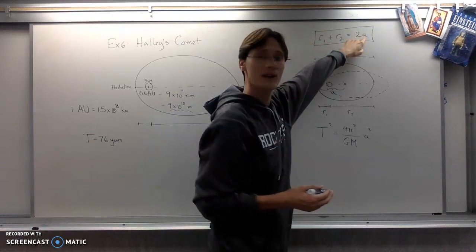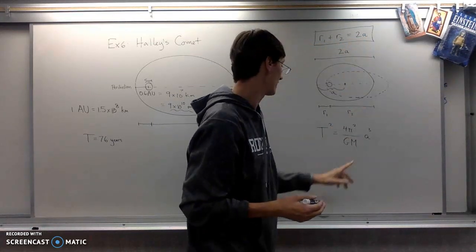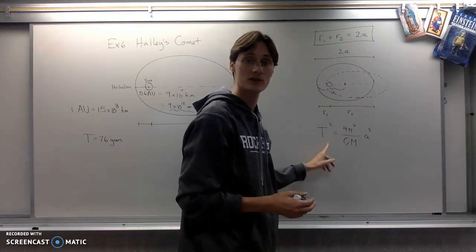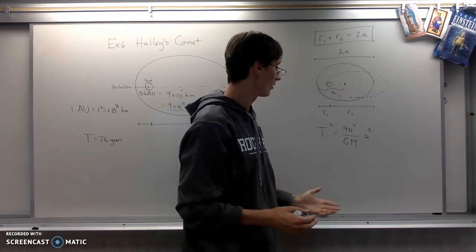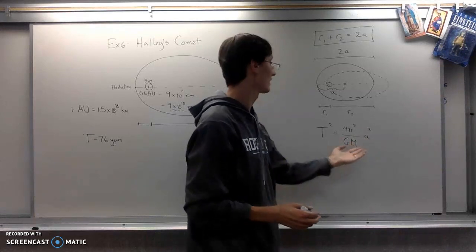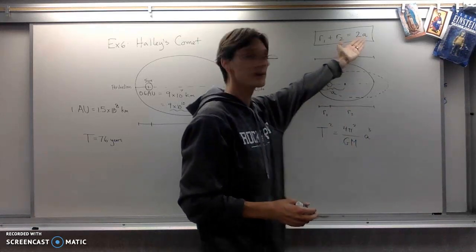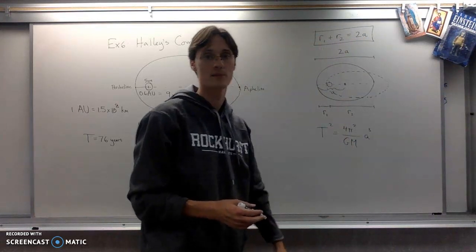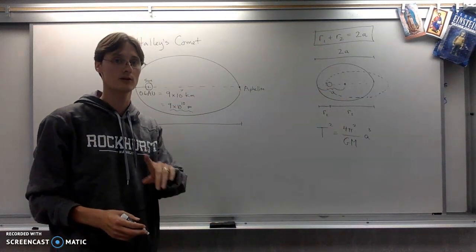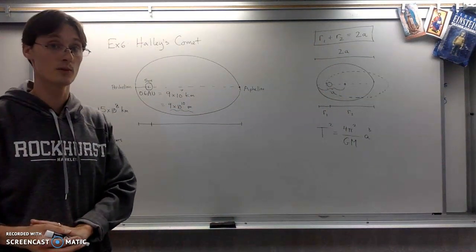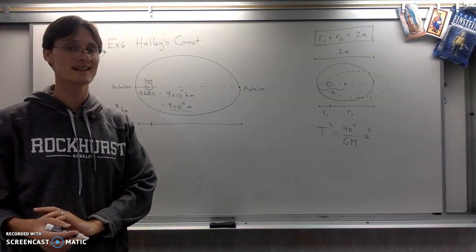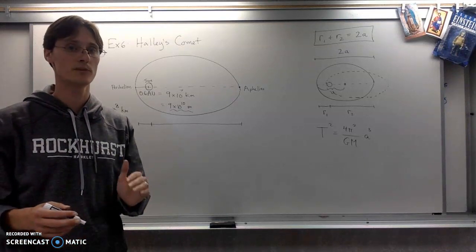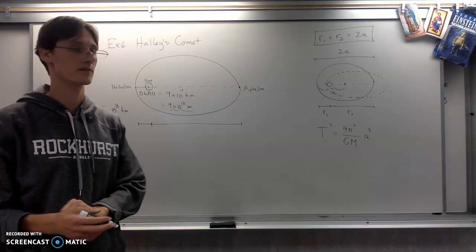I can figure out the semi-major axis from Kepler's third law. If I know the semi-major axis, I can plug it in up here and solve for the aphelion distance. Okay, so this would be a great time to pause right now and see if you can do it, and then resume periodically for more hints.